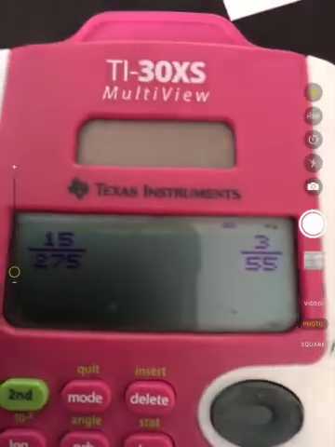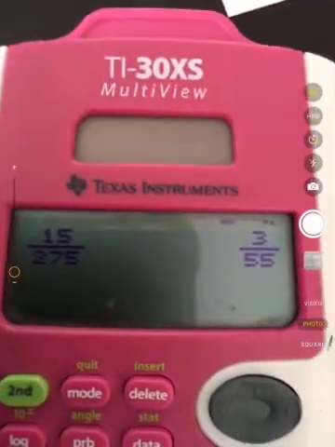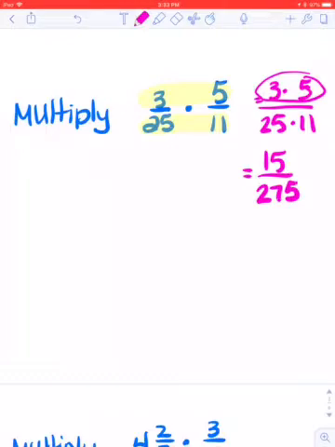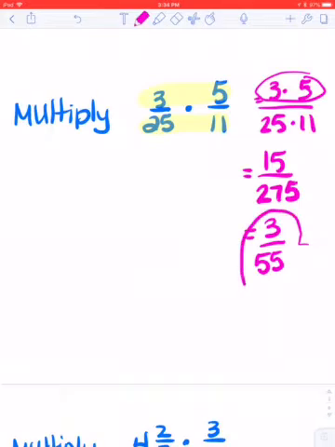And you'll see on this one it reduces down to 3/55. So back here, I know it reduces to 3 over 55. Now, I can tell in this one the top number is smaller, so it's a proper fraction already. So there's no mixed number that you need to make. That's going to be your final answer.